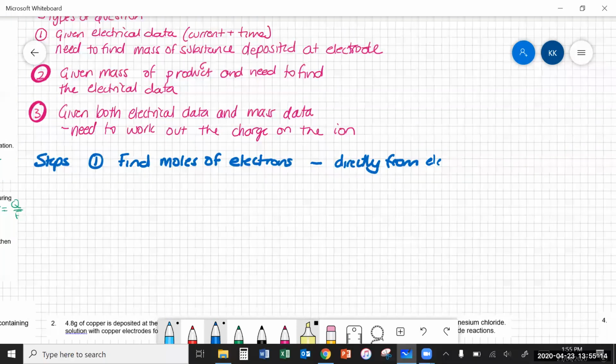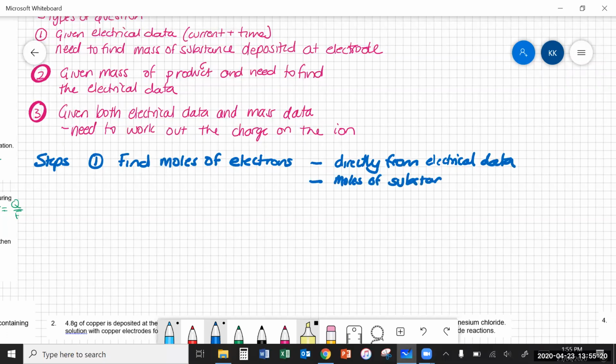It might be from the moles of substance, then a mole ratio. But with all of these, you're always going to have to find the moles of electrons. You are going to need to then use a mole ratio.